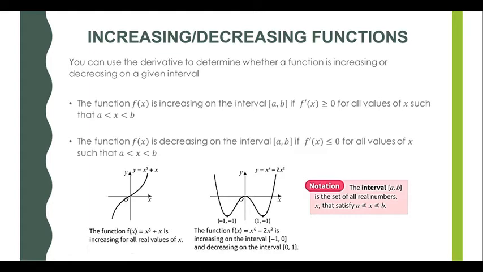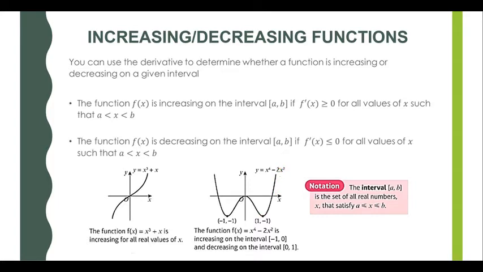If we look at the graphs, the graph of y equals x cubed plus x is increasing for all values of x as its derivative, or the gradient, is positive, i.e. greater or equal to 0. The second graph, however, is only increasing on two sections. The first is between -1 and 0, and the second is x is greater than 1.